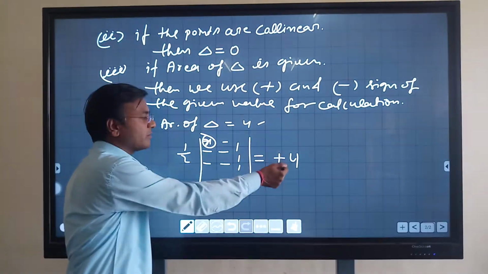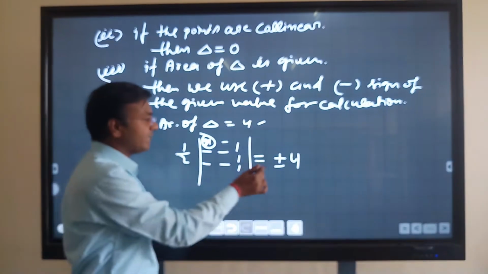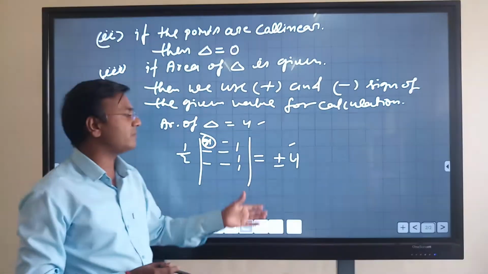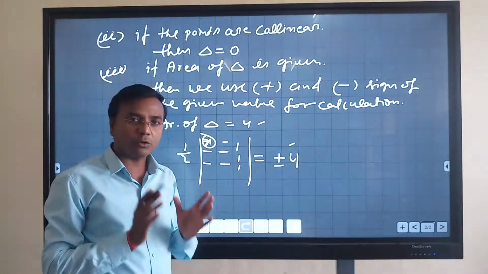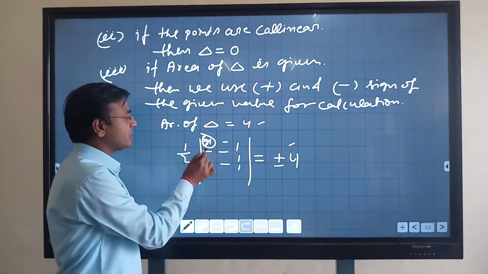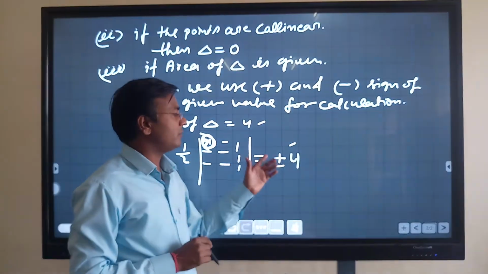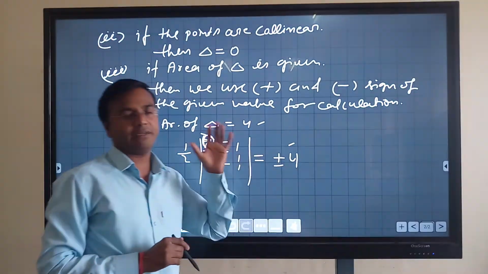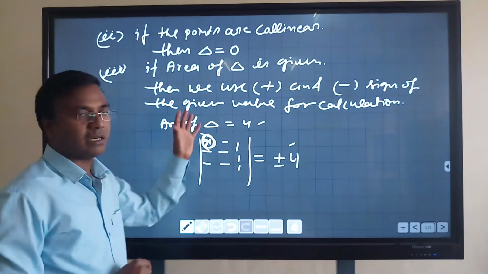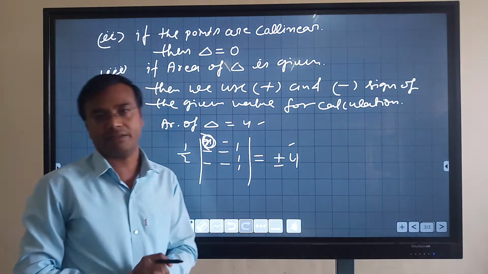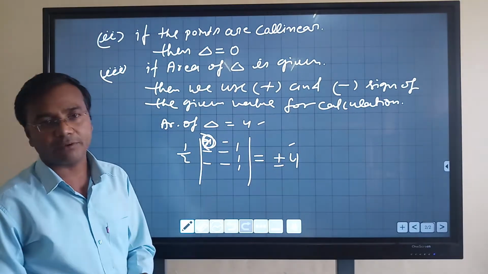So we will write plus minus 4 because the value of the determinant might be sometimes positive, sometimes negative. So in order to find all the possible values of this x, we shall have to use plus or minus. In such a way, we will have two possible values of x, and that is the solution of the question.